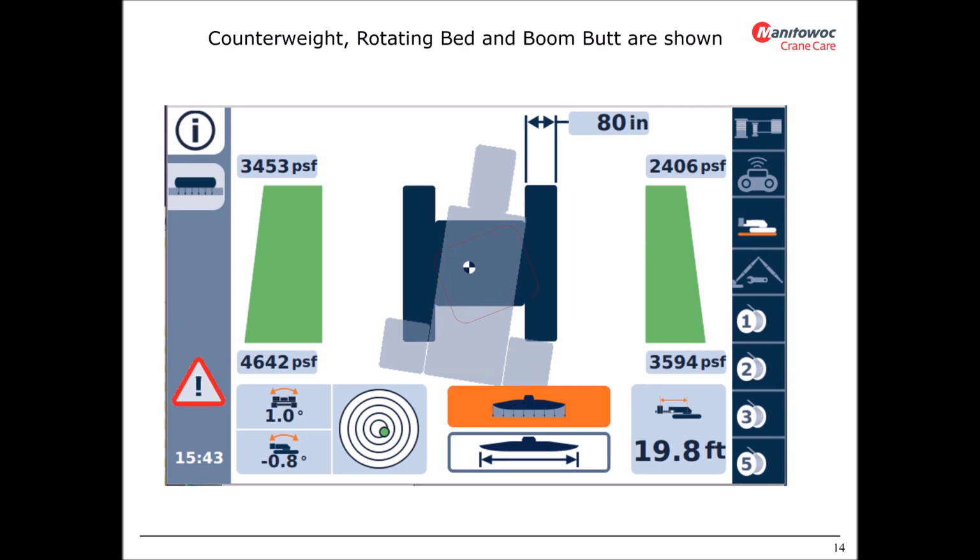The rotating bed, counterweight and boom butt are shown in light blue and the crane's position is turned to about 9 degrees. The rotating bed image will rotate to correspond to the crane's actual swing angle. You can see by this example the left rear has a little higher ground pressure compared to the right front.